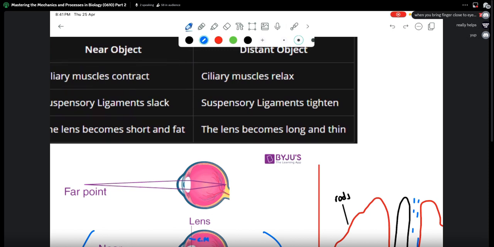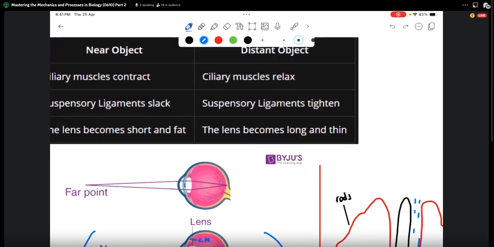Then the suspensory ligament will tighten so that the distant object is focused, and the lens will become longer and thinner at the same time. Longer so it can see further away. When it's nearer, it will become shorter and also fatter. Does this make sense?